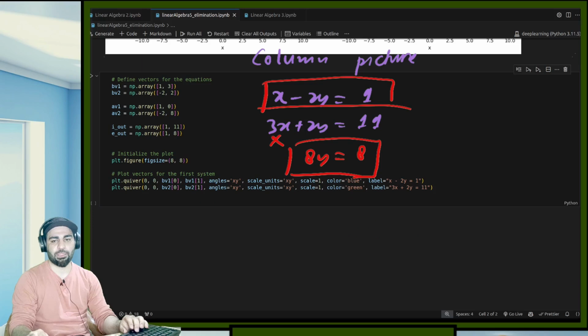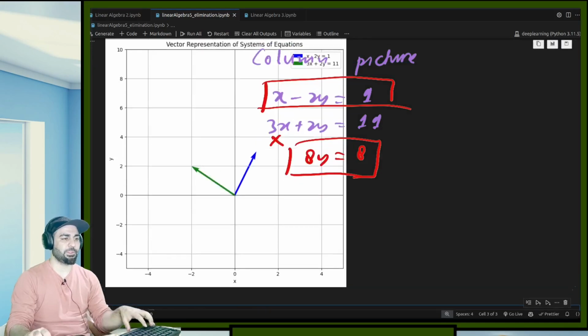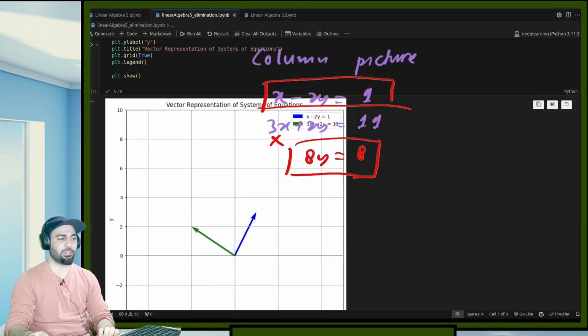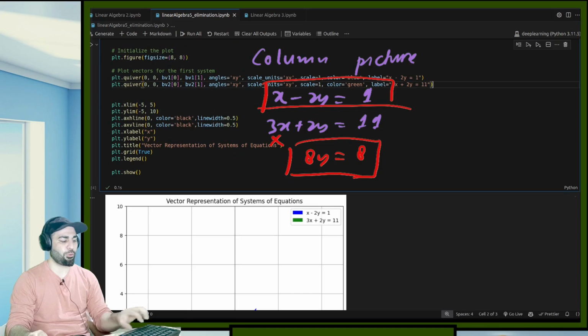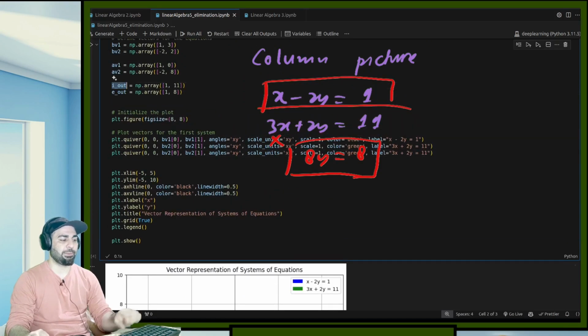Let us put these things also to configure the limits. I think you should be able to get it now. These are the two vectors which we initially had. I also want to show you the out vector. This is 0, 0, and this is the output vector before elimination.